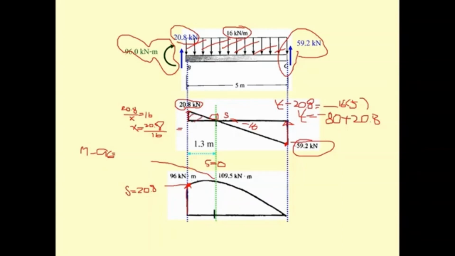Okay, the area here is what? The area is 1/2 of 1.3, and then it's going to times 20.8.